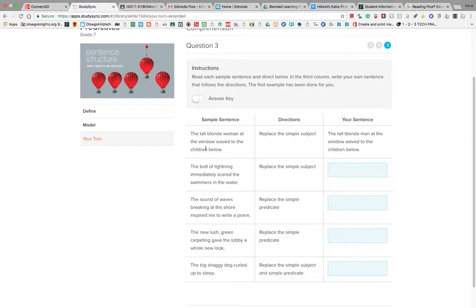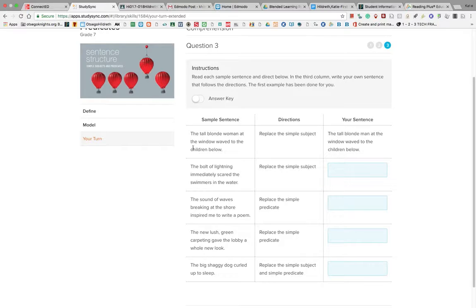Okay? So the example they gave us, the sample sentence, the tall blonde woman at the window waved to the children below. Okay? Then it's asking us to replace the simple subject. So we got to think, okay, simple subject. It's who or what the sentence is about, or who's doing something in the sentence. So woman is our subject, right? So we go over here, and the sentence that they corrected was, they changed it from the tall blonde woman to the tall blonde man at the window waved to the children below.